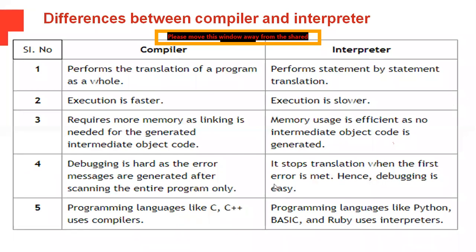Here the interpreter stops translation when the first error is met. For example, by using an interpreter, it translates line by line the lines present in a source program. If there is an error at line number 4, it does not go to the next line, line number 5. It stops there. After we rectify that error, it moves to the next line.